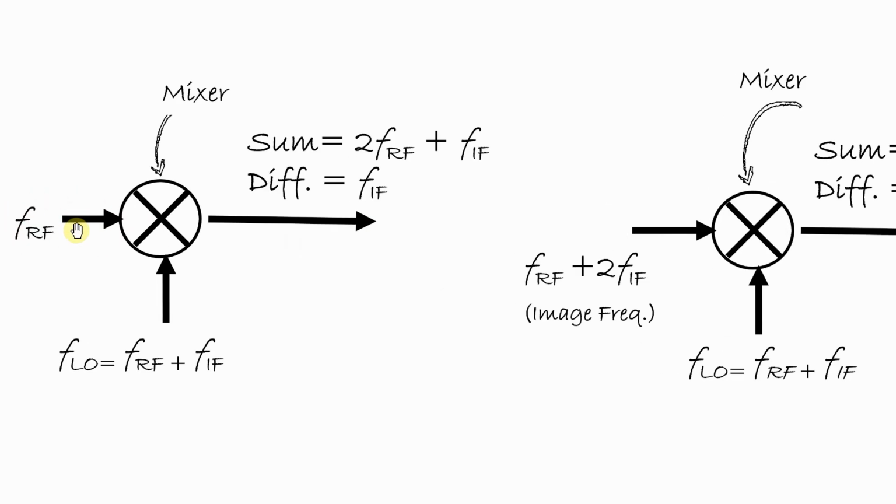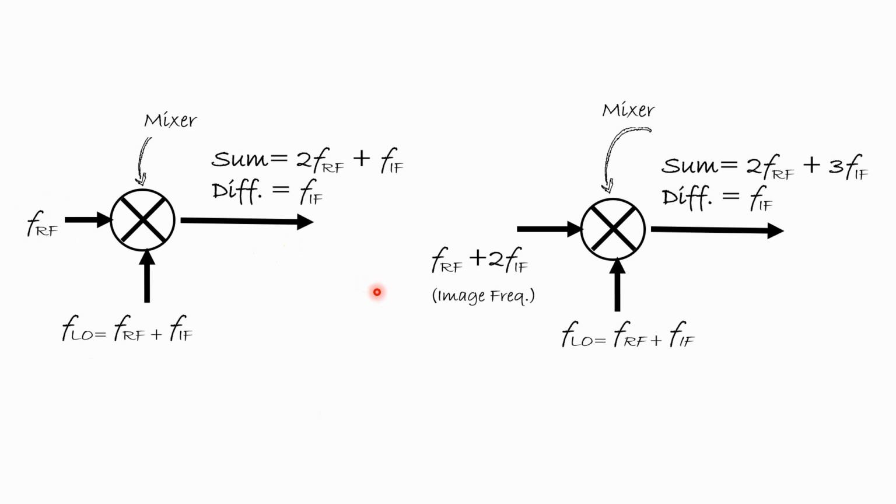So what happens is, instead of FRF, if any signal having frequency FRF plus twice IF is one of the input signals to the mixer, and the other input signal to the mixer is FLO equal to FRF plus FIF, then the difference frequency would be FIF again.